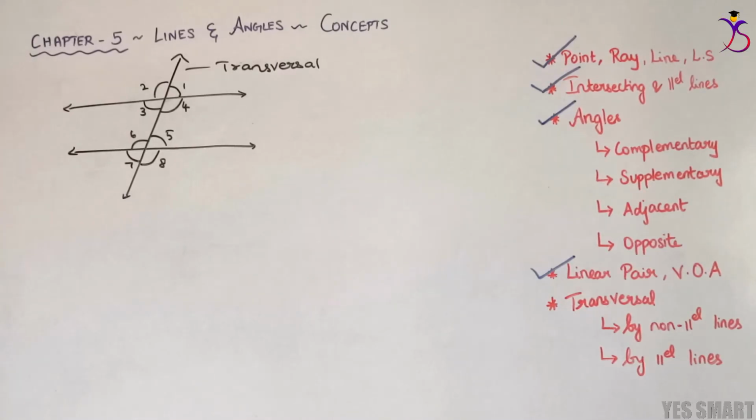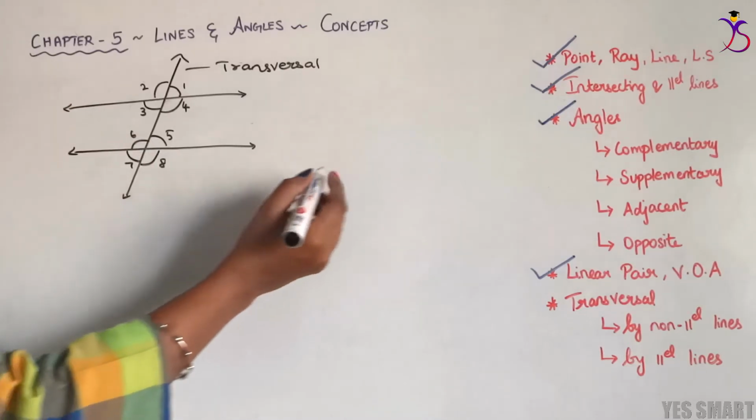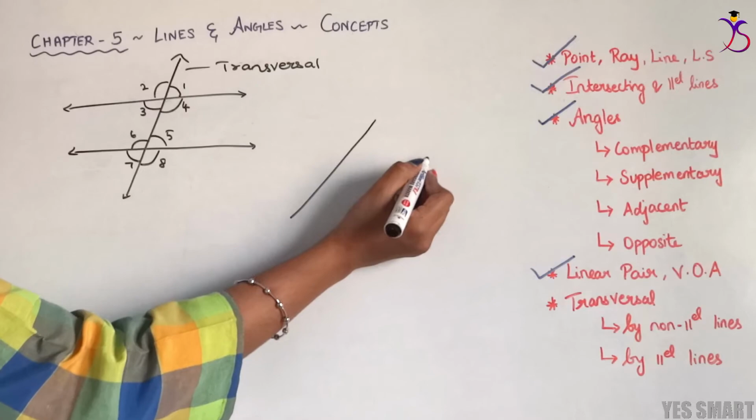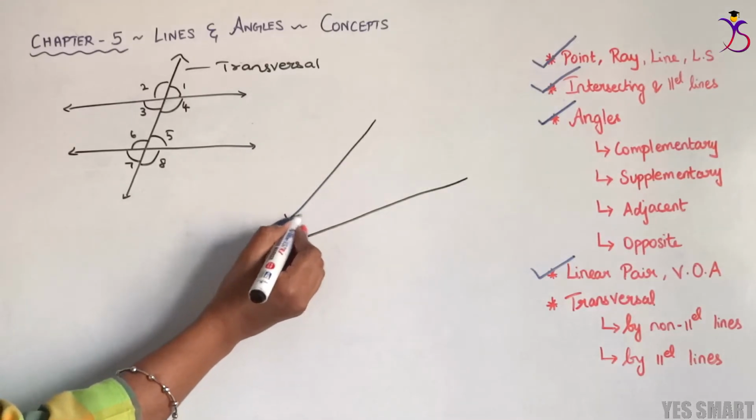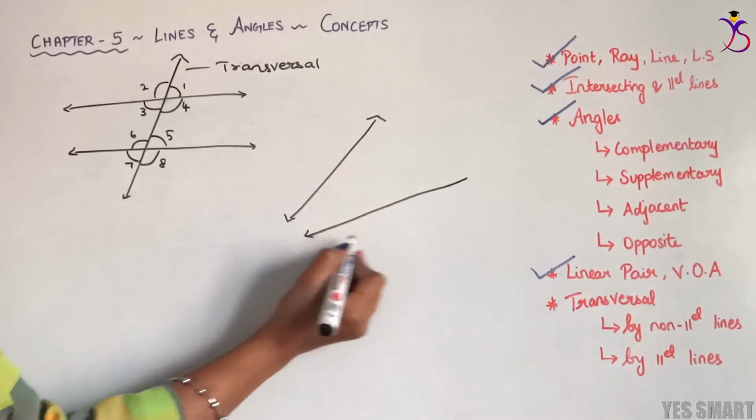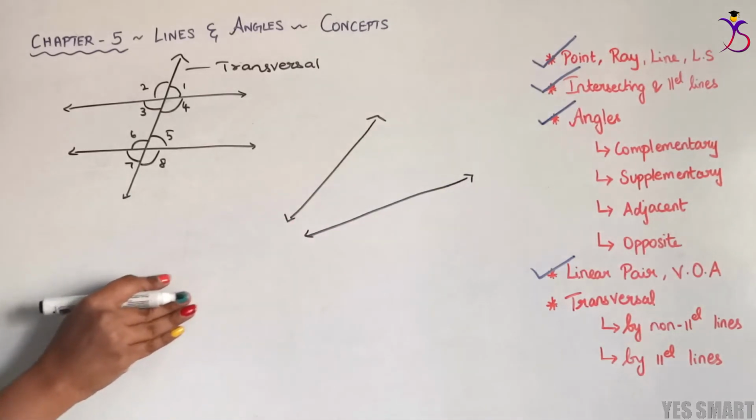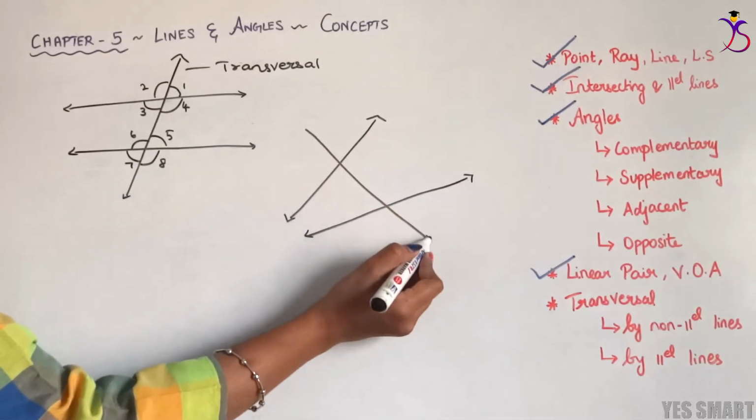Here I have drawn a transversal which cuts parallel lines. It is still possible for a transversal to cut non-parallel lines. For example, see, these two lines are not parallel. A transversal is drawn now.